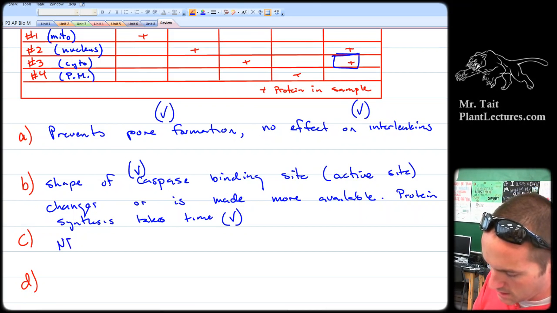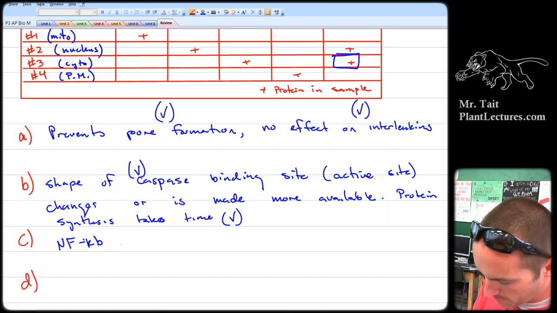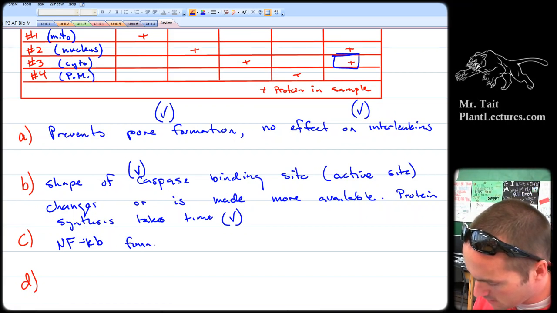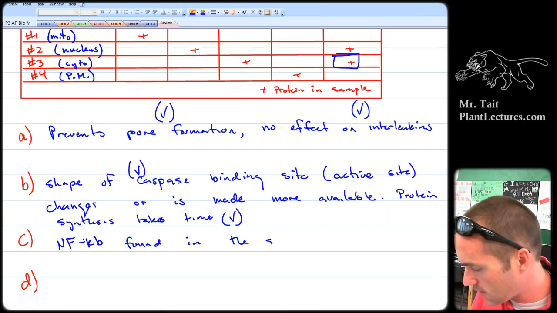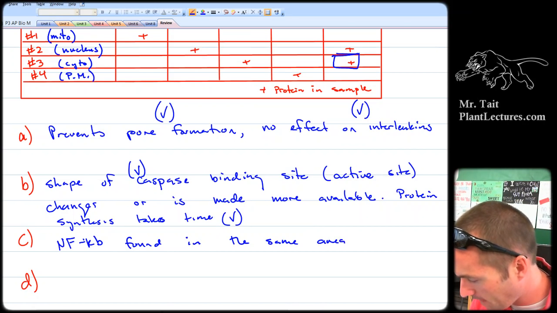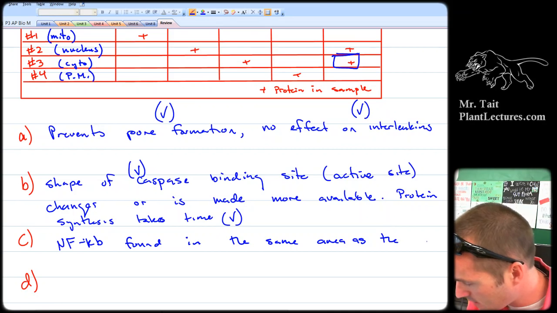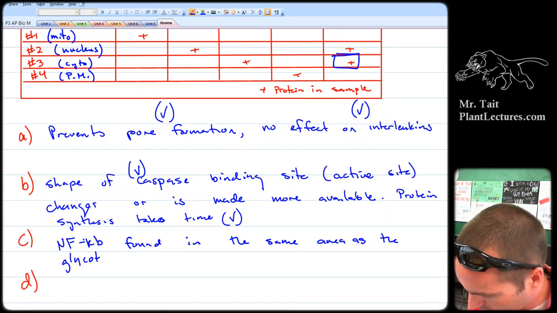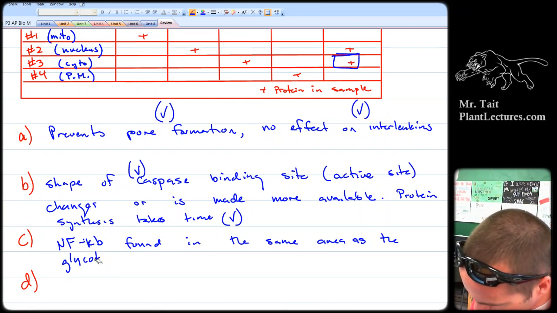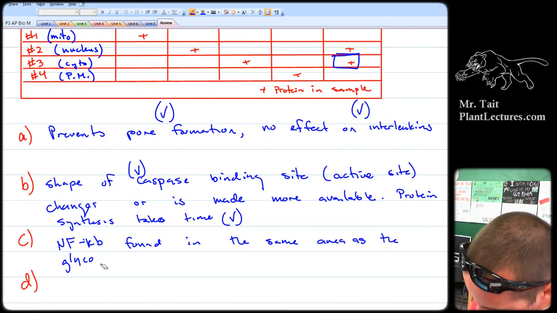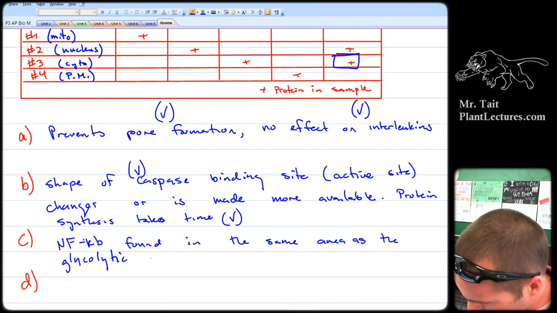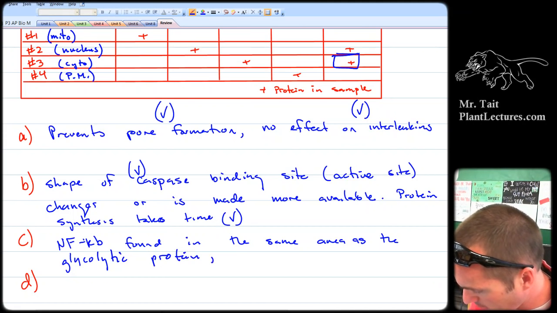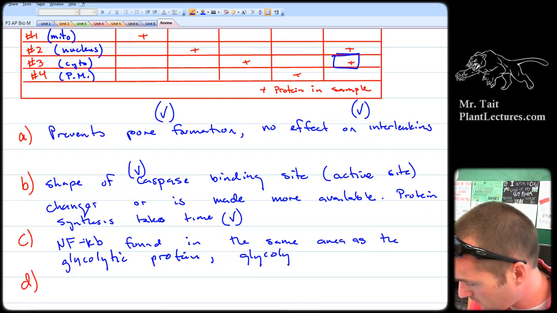So we say NF-kB found in the same area as the glycolytic protein. Glycolysis happens in cytoplasm.